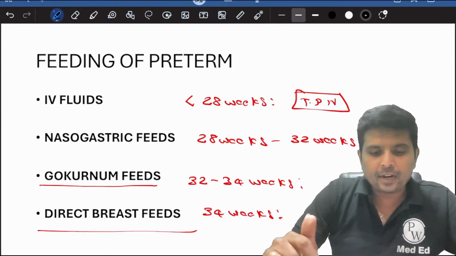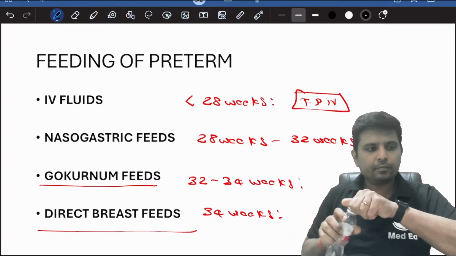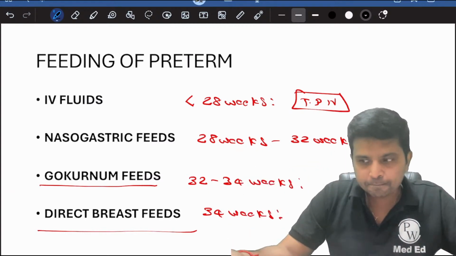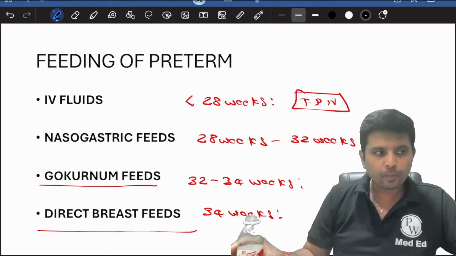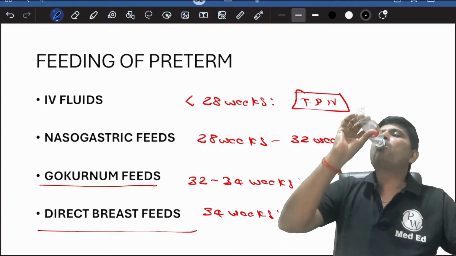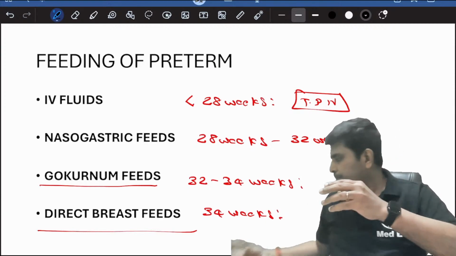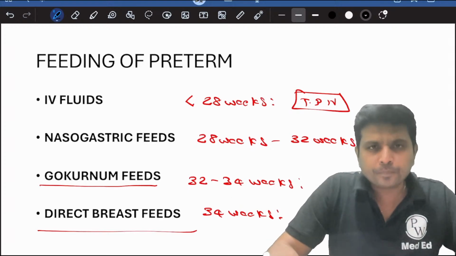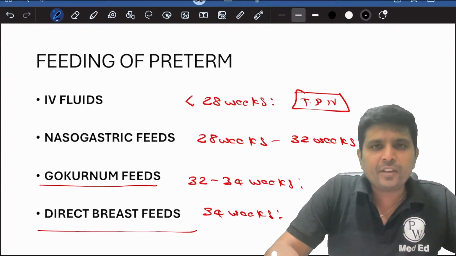Okay, and what about the feeding in preterm? Remember, children, a newborn less than 28 weeks will not have good intestinal maturity.